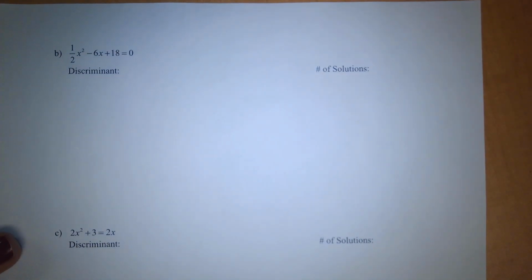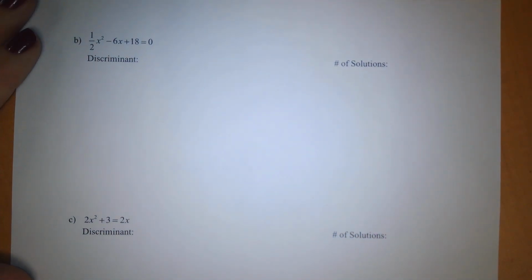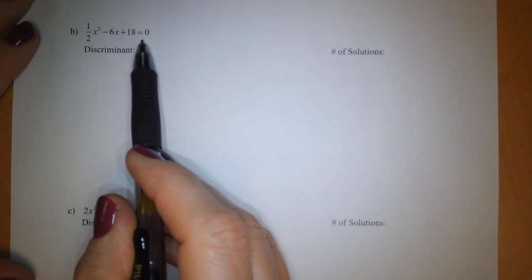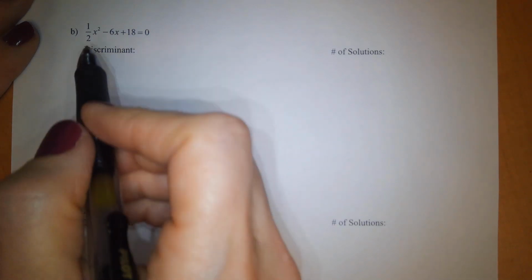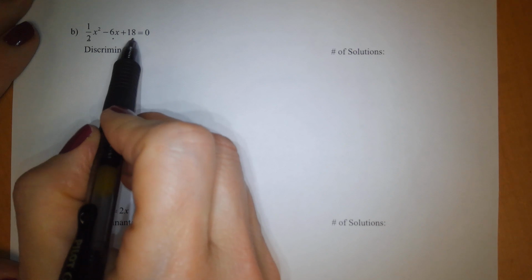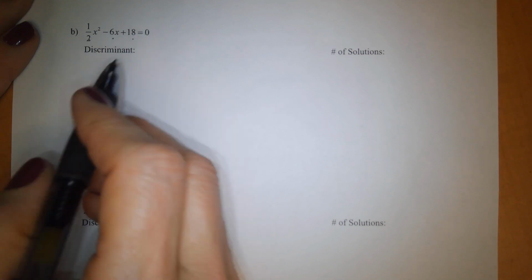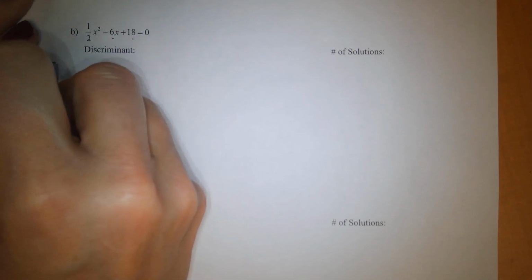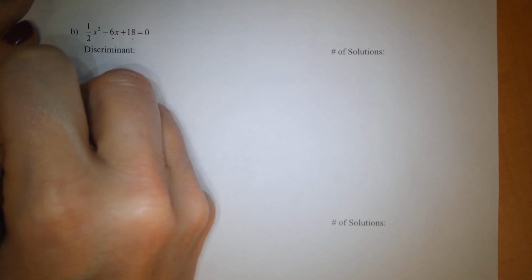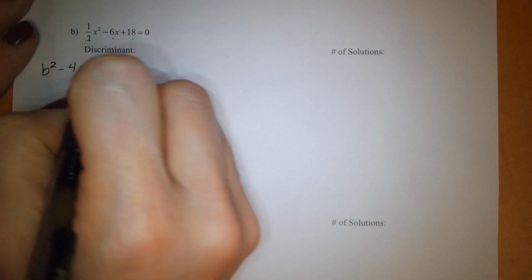All right, let's try some more. Let's first decide what the discriminant is of this quadratic equation. It's already in standard form, a, b, and c, so the discriminant is b squared minus 4ac.